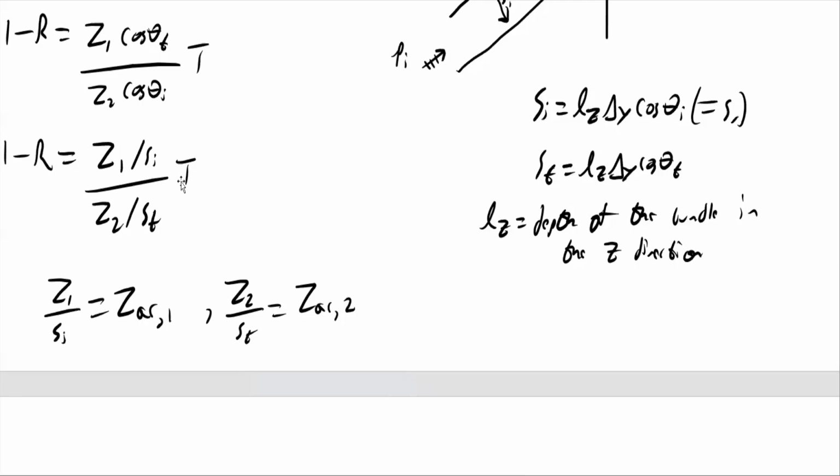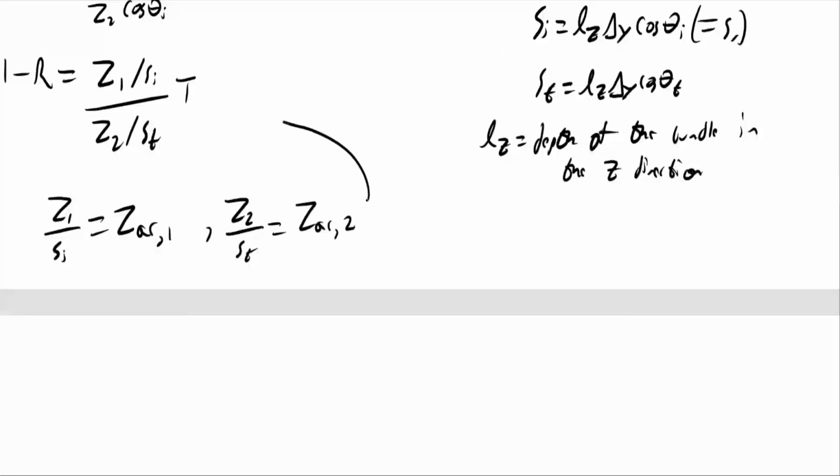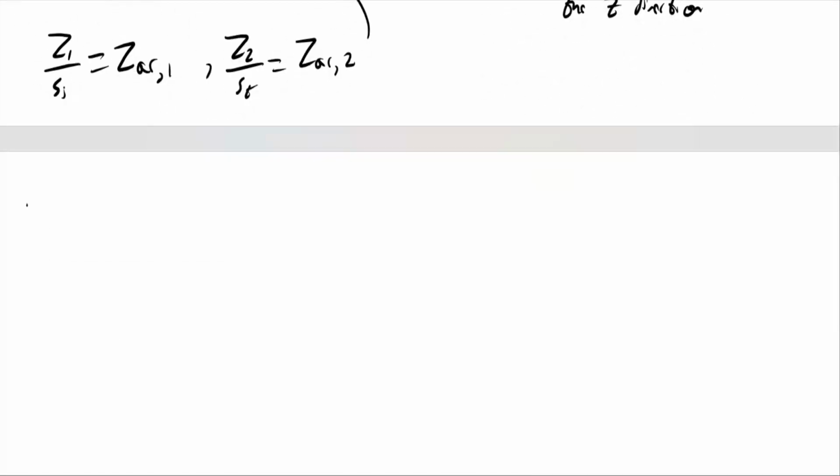If we plug those in here, we can obtain once again expressions for R and T in terms of acoustic impedances, rather than the characteristic acoustic impedances that we had before.